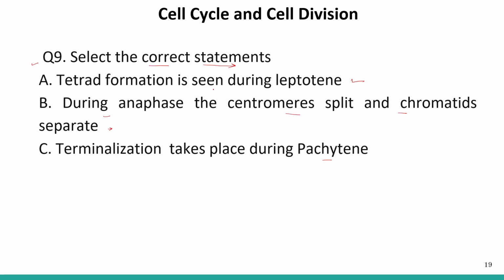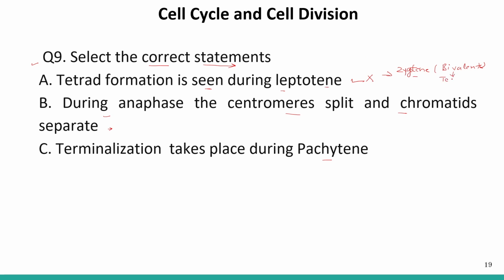Okay, so tetrad formation they are saying is seen during leptotene, which is not true. Tetrad formation is seen during zygotene, because during zygotene bivalents are formed, and not leptotene.